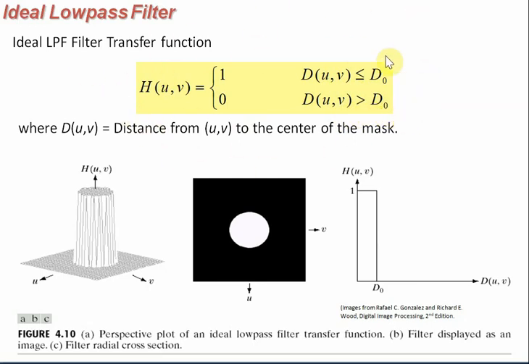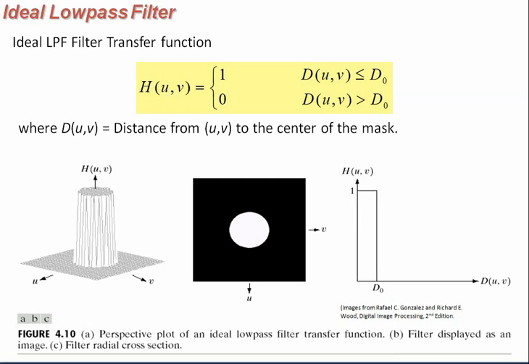So we are using one system. In that system we pass the image, that is the frequency domain image, represented as F(u,v).